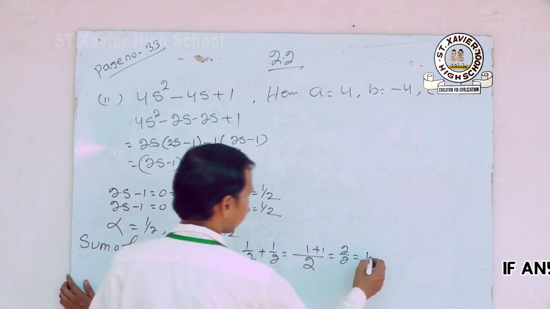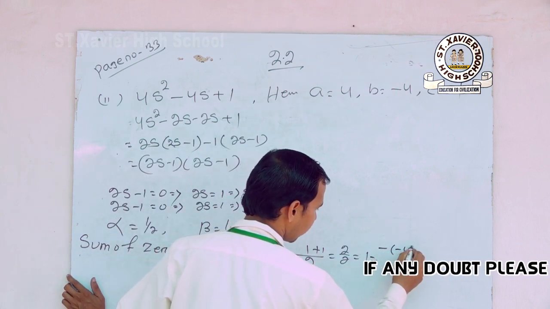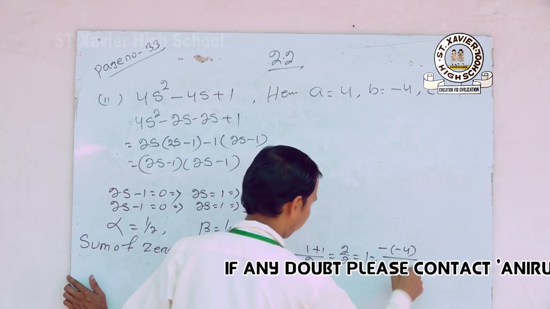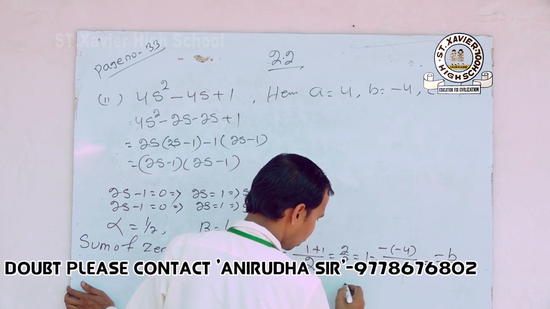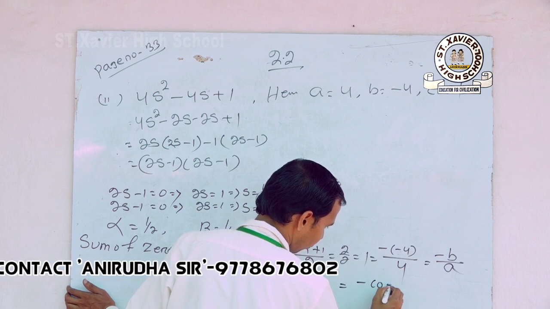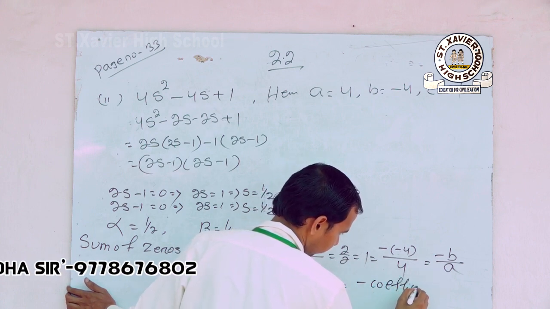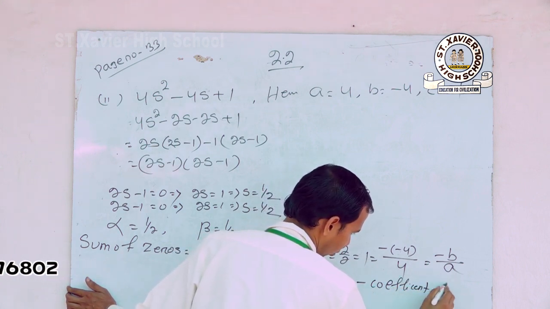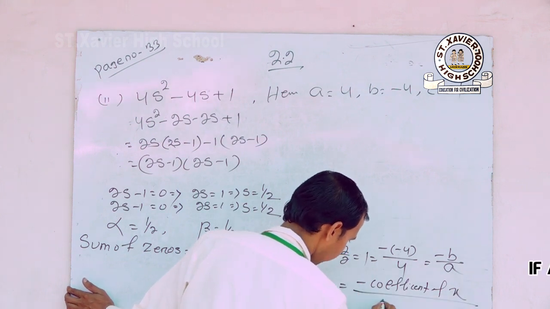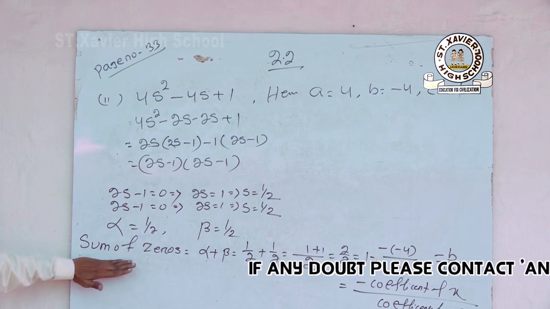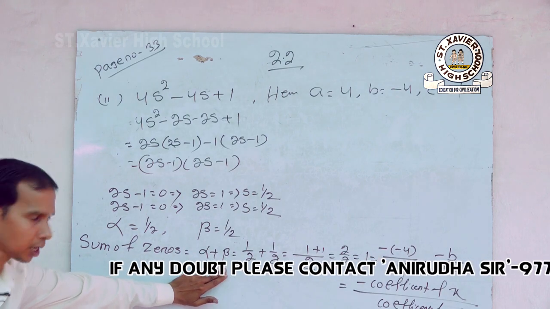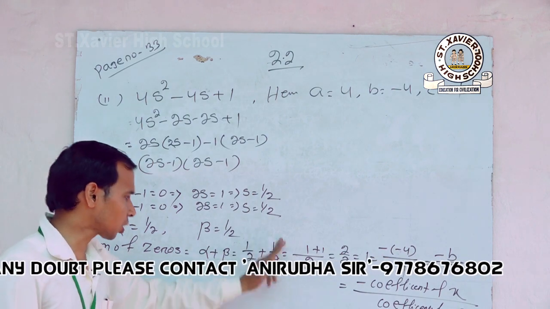And this can be written as minus of minus 4 by 4. So minus b by a, which is equal to minus coefficient of x by coefficient of x square. Confirm this. Sum of zeros, alpha plus beta, where alpha is 1 by 2 plus 1 by 2.